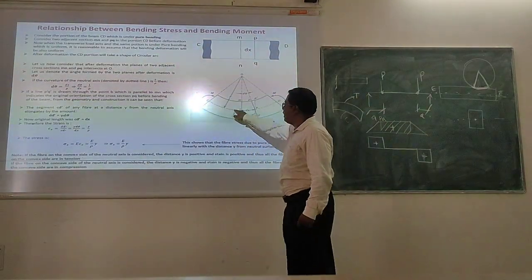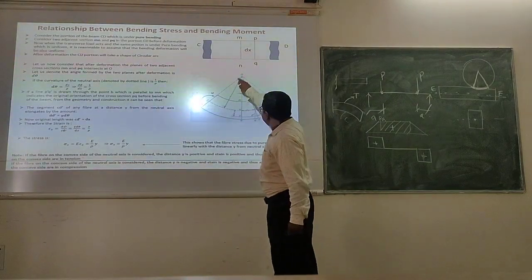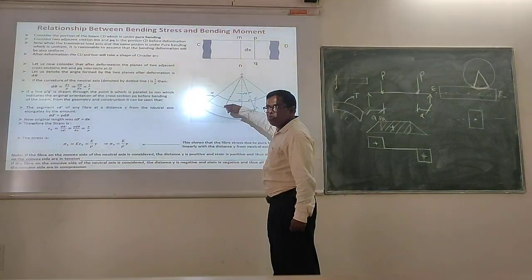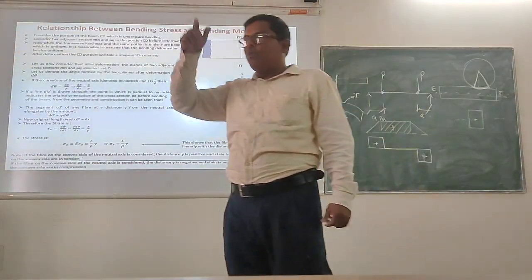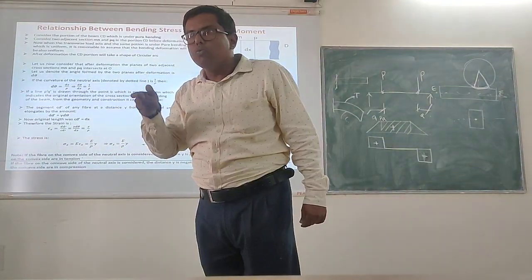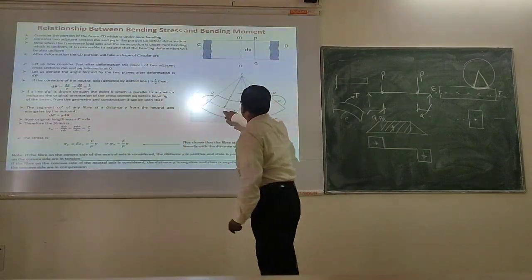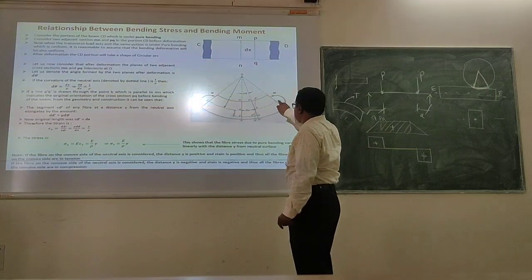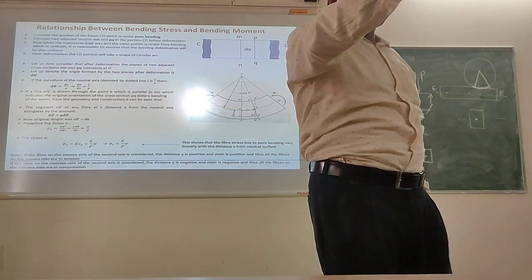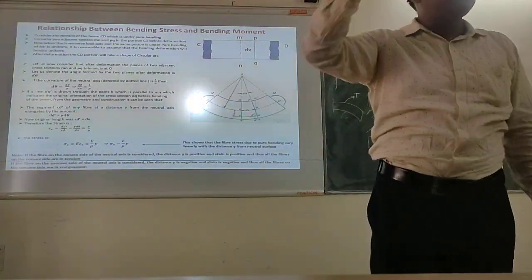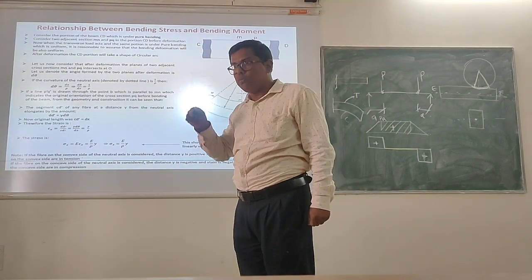So if CD is the neutral axis, then you can see this is your radius. What is your radius of curvature? The radius of curvature of the neutral axis we are considering is rho, so curvature is 1 by rho.